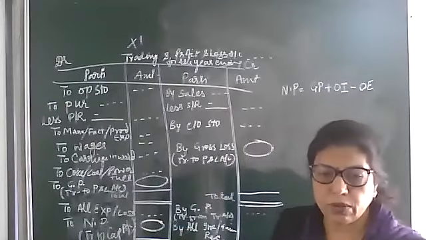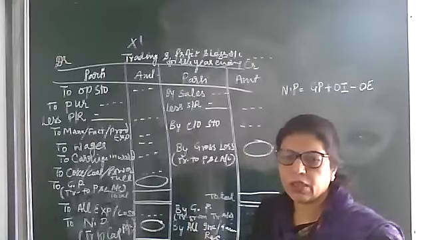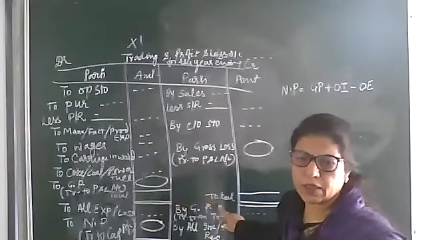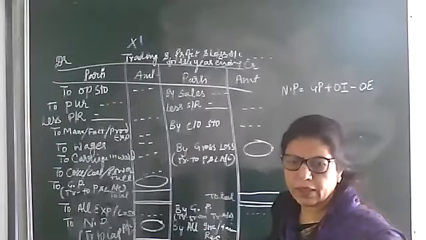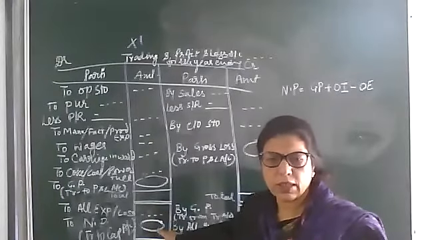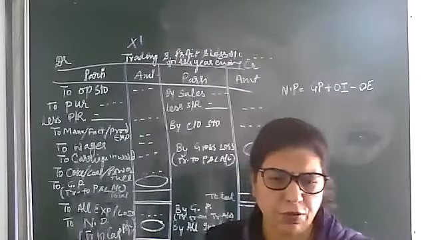And how to calculate net profit? With the help of P&L account. We transfer this gross profit from that side to this side, then all income and gains minus all expenses and losses, that will be net profit. Now see, be careful.